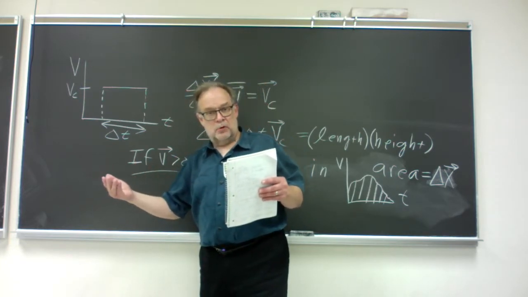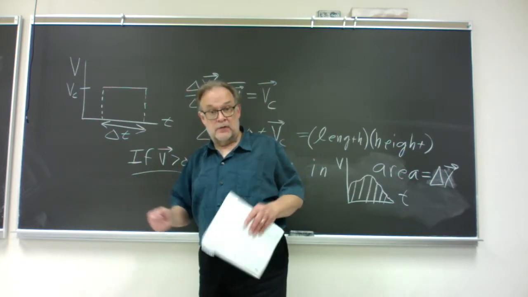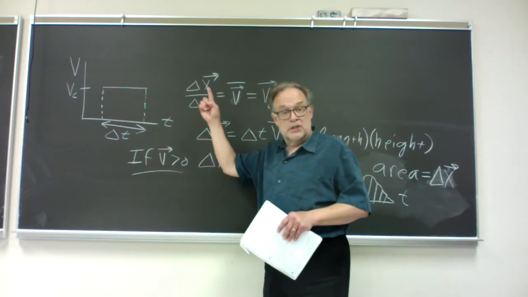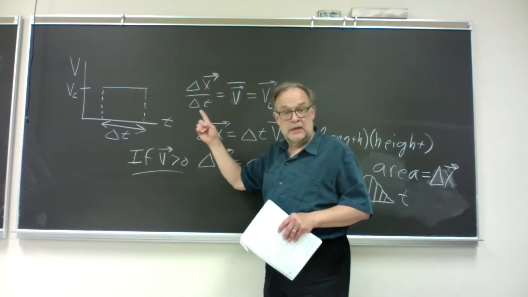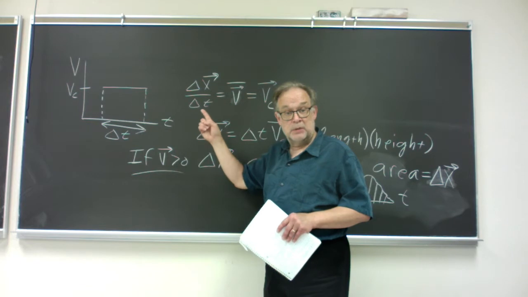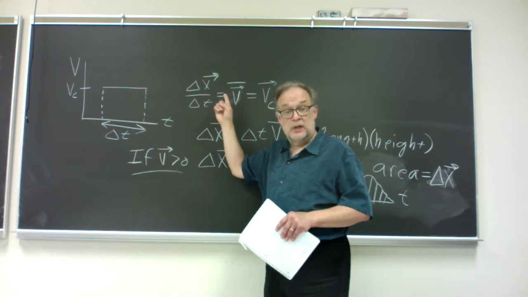And now remember our definition of average velocity: displacement divided by the length of time it takes to make that displacement. That's average velocity.